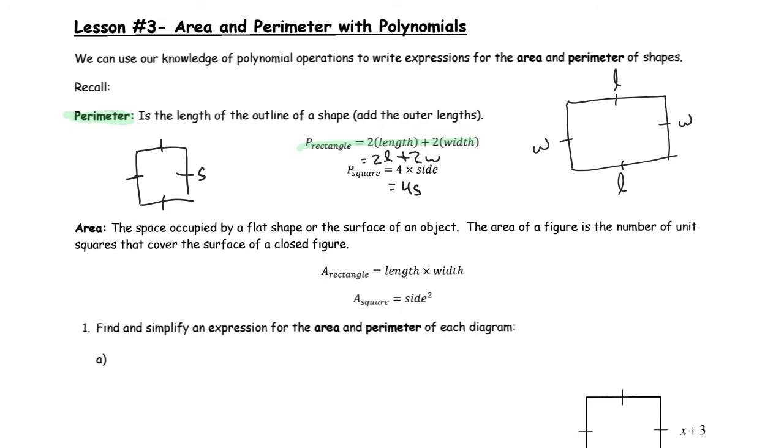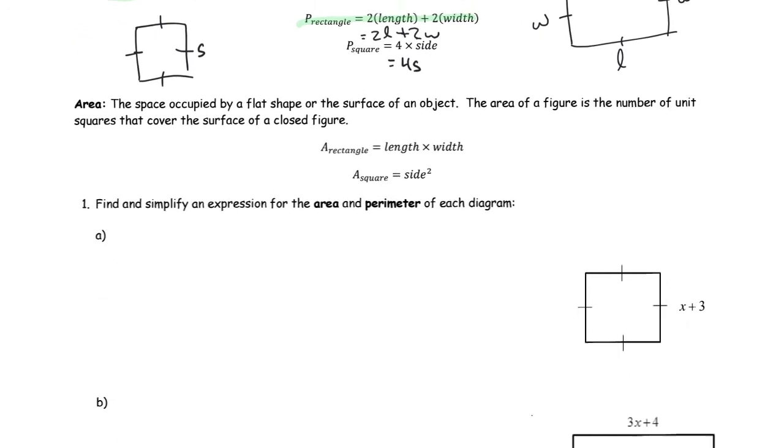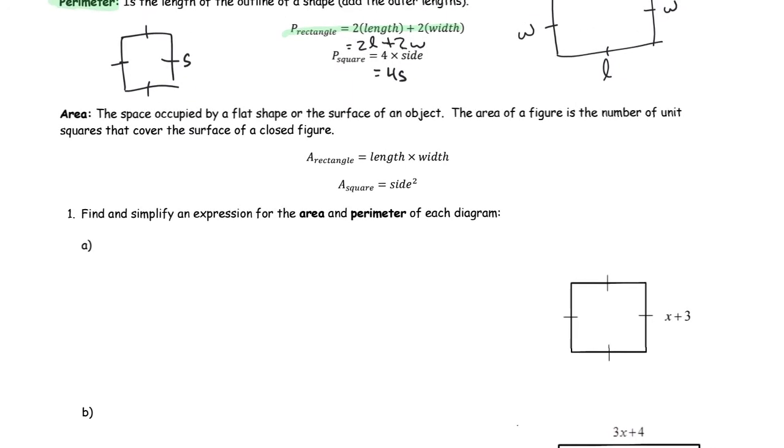Area, on the other hand, is a little bit different. Area is a product. For both of them, we're going to consider that length times width.